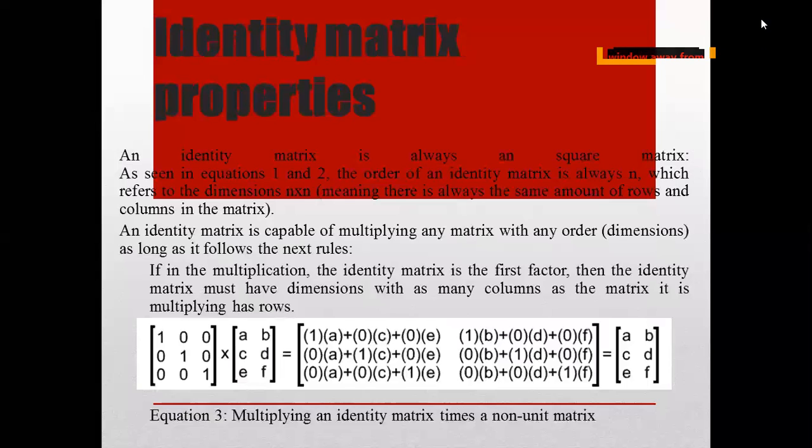And how the multiplication is taking place, you can see in the operation. Each row is multiplied by each column, so each element in each row is multiplied by each element in each column.